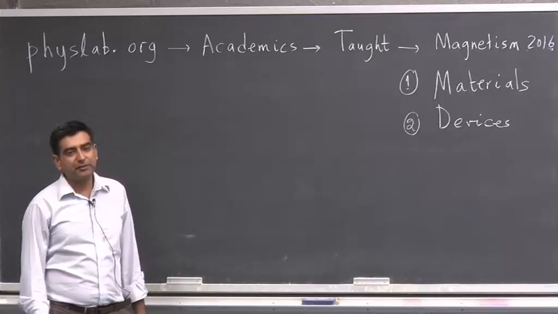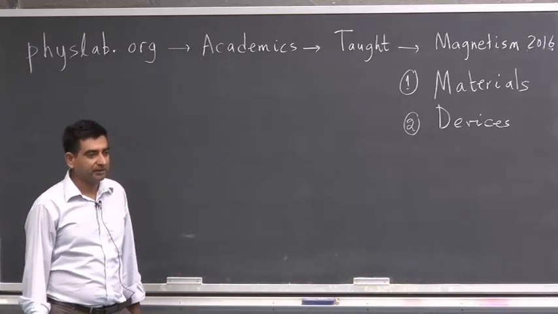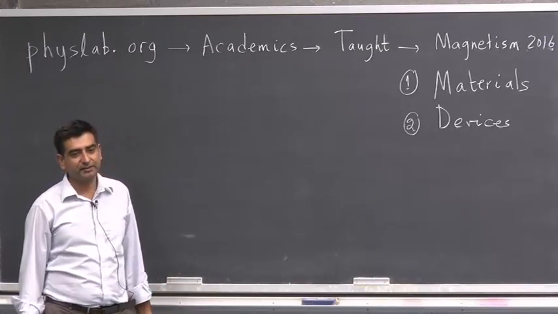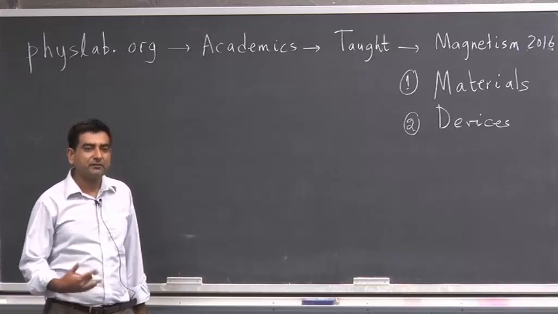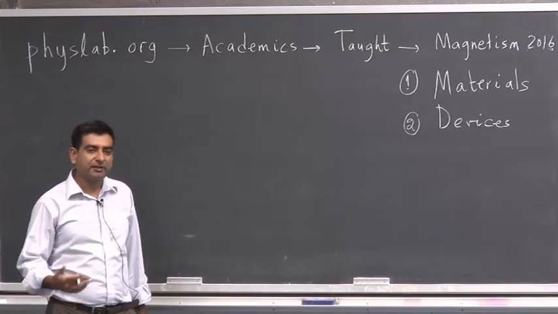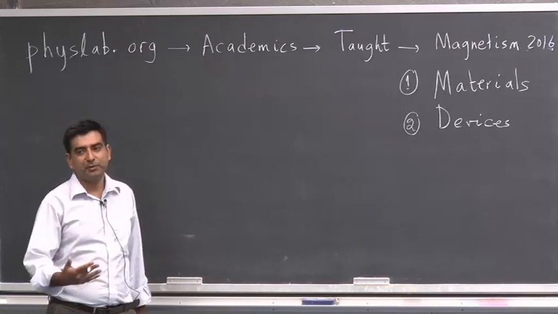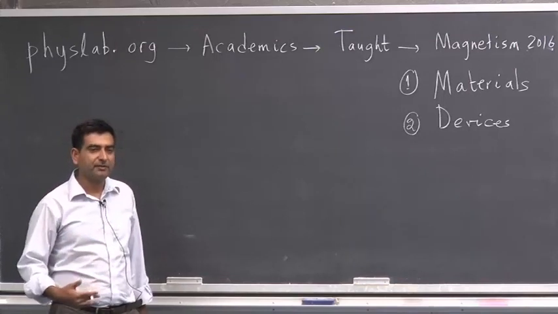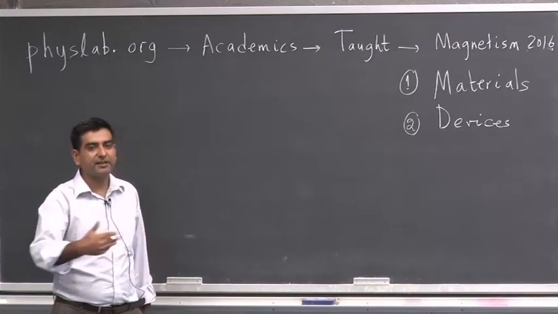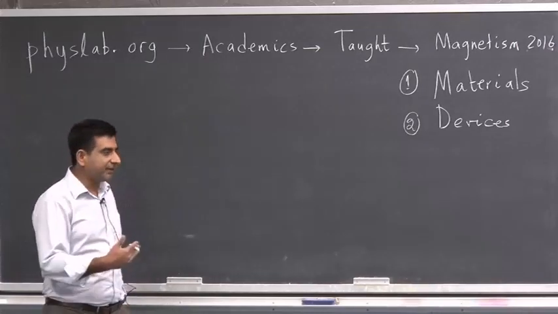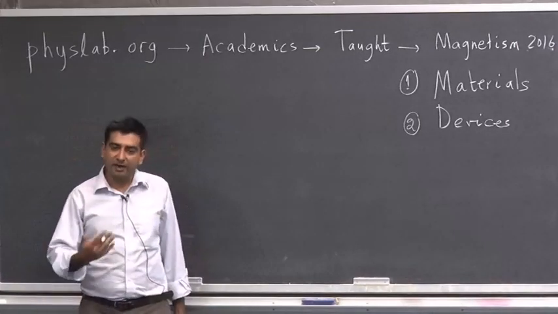So what we will try to do in these 4 or 5 months of our interaction with magnetism is look at the fundamental principles, and we'd like to bridge the gap between principles and research on materials and devices. So it's going to be a rigorous course. We're going to be fast-paced.